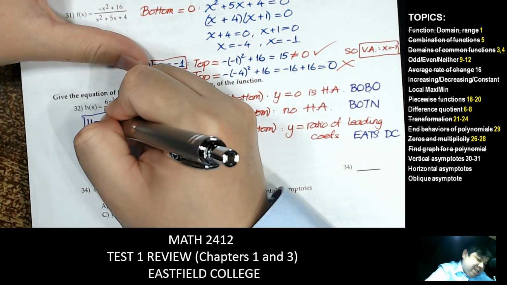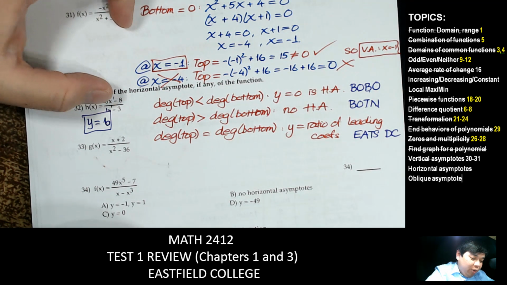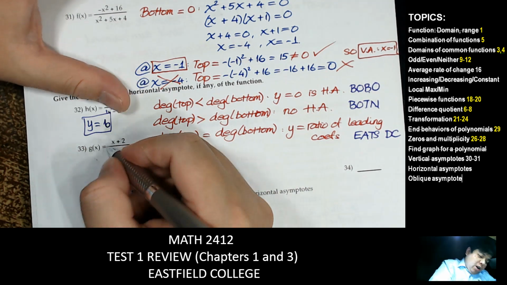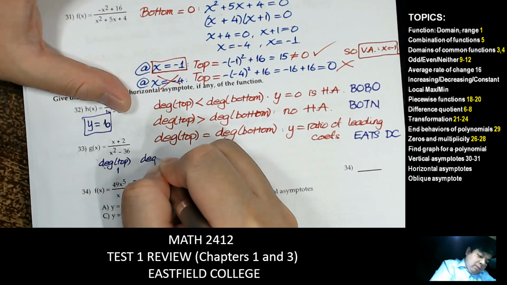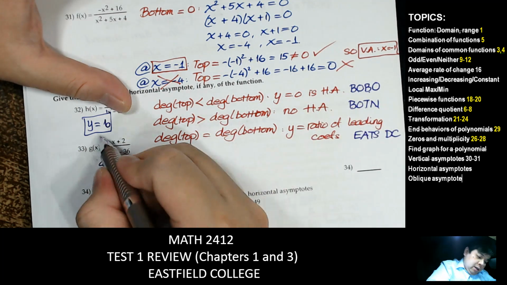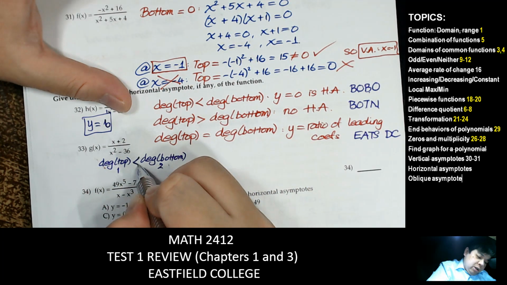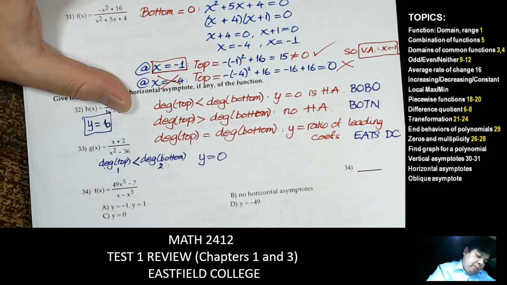That's too obvious. Next, degree on top is 1, and degree at the bottom is 2. Degree on top is less than degree at the bottom, so bigger at the bottom will be y equal to 0.